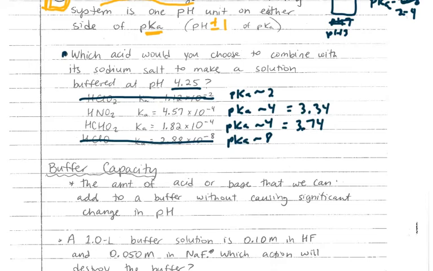All right, so both of these are within plus or minus 1 of 4.25, but this one is closest, so this would be the best one to use. Technically, you could use either one, though.